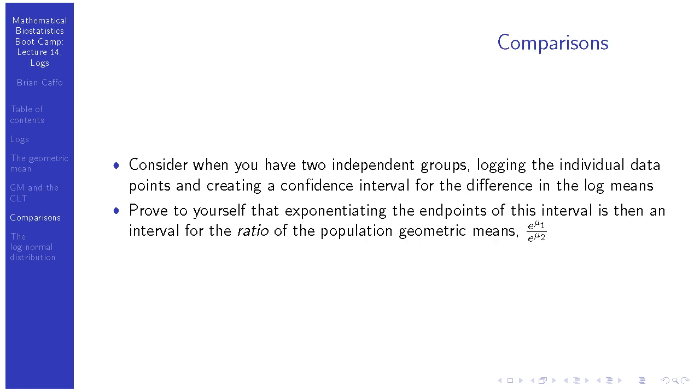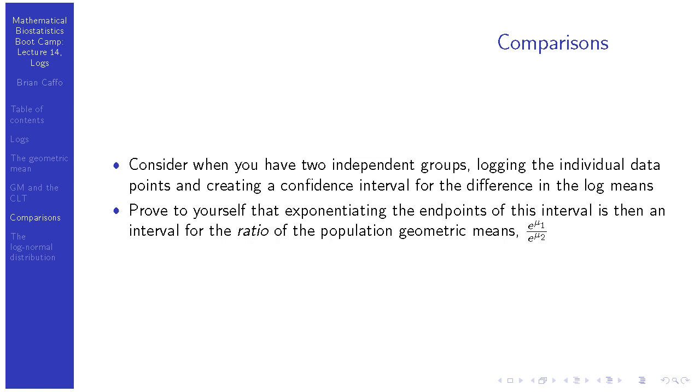So now let's go through the same exact exercise, but instead of paired observations, we have two independent groups. If you log the data from group 1, log the data from group 2, create a confidence interval for the difference in the group means on the log scale, and then exponentiate it, then that confidence interval is an estimate of e to the mu1 divided by e to the mu2.